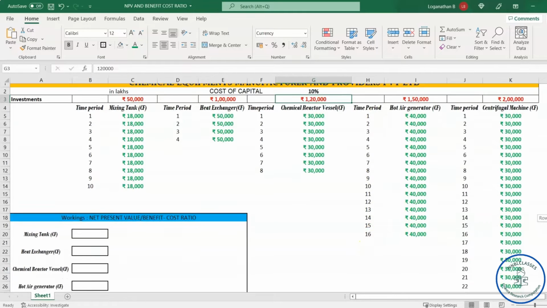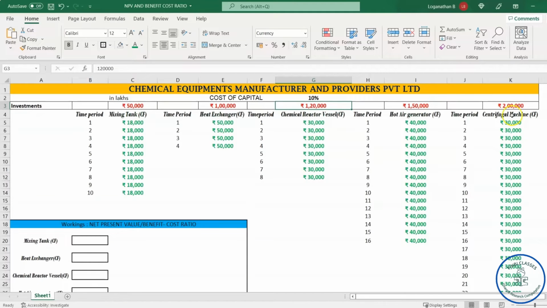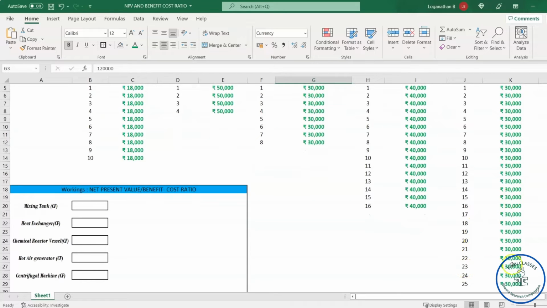Then we have the centrifugal machine, where the company is going to invest. These are the policy documents that they have given. These are the expected values that they have created. So 2 lakh is the investment that they're going to make, and they're expecting that for a time period of 25 years they're going to generate a cash flow of 30,000.